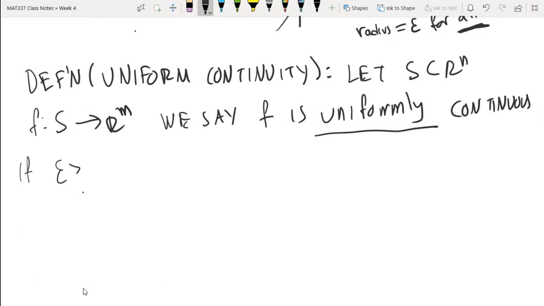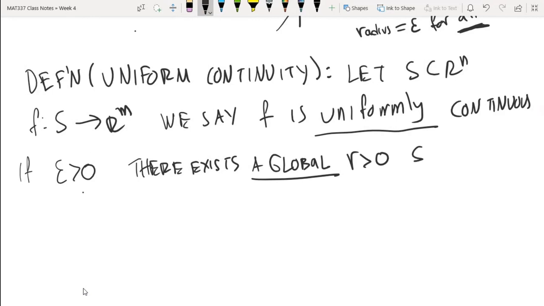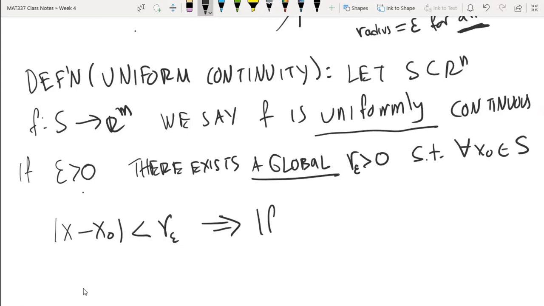For any precision epsilon greater than 0, there exists a global R positive such that for all x naught in S, we have the following: |x minus x naught| less than R implies |f of x minus f of x naught| is less than epsilon.